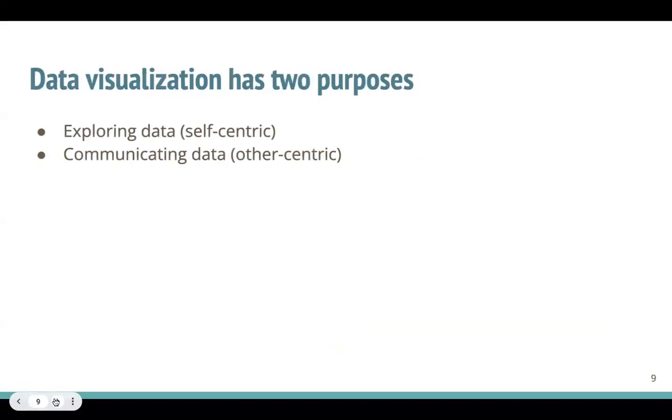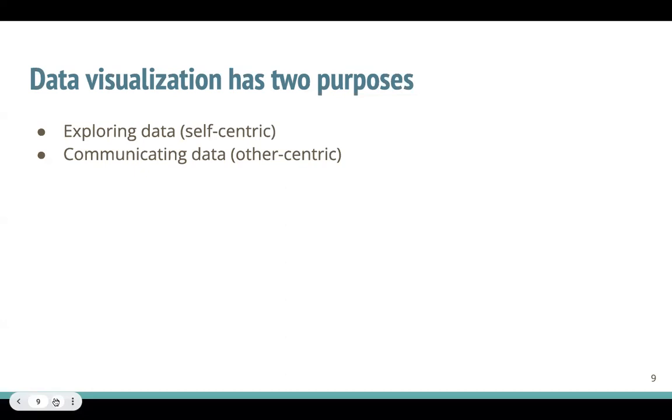And we are going to talk about how data visualization has two purposes. The first, which we will not really focus on during this session, is how data visualization is often useful for exploring data. However, this sort of data visualization is often self-centric, as in you, the user, the data analyst, are doing it for your own sake, for you to understand and eventually analyze the data better.